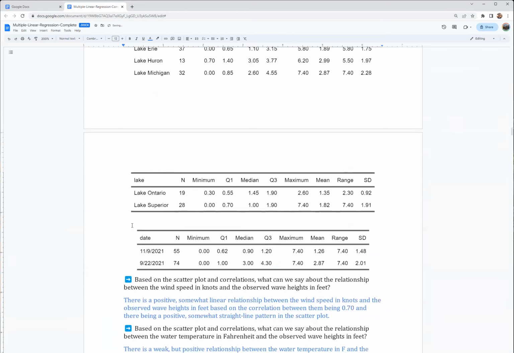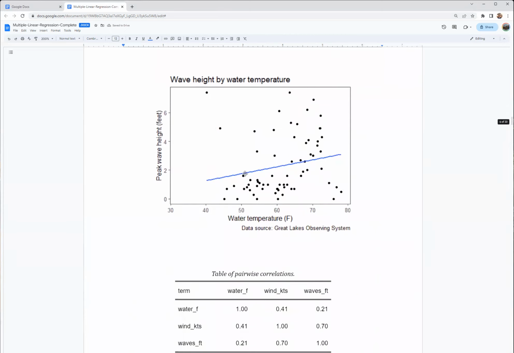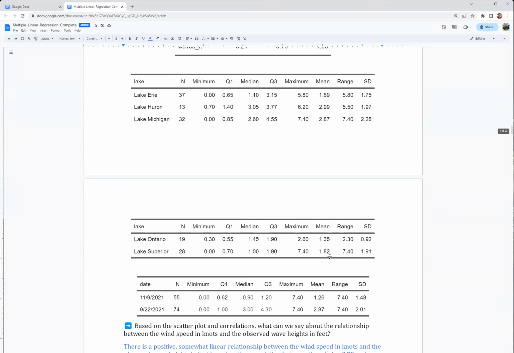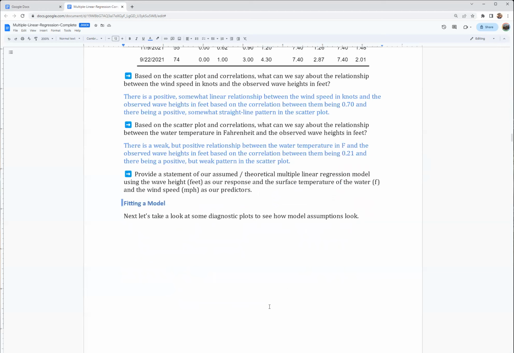I don't know if we could say this is linear. I wouldn't call it nonlinear, but there's almost no relationship here. It's very weak. So we'll just keep it at this.